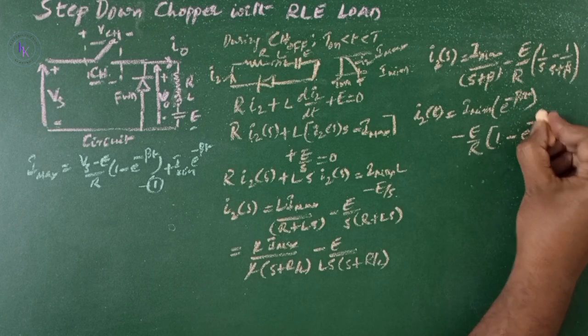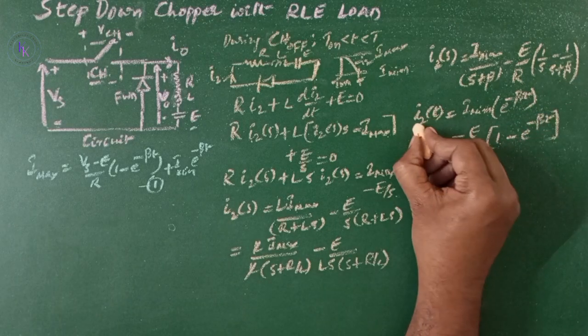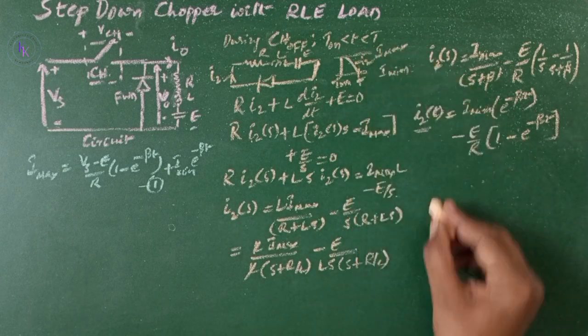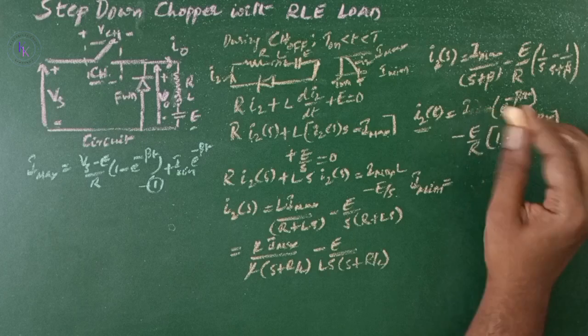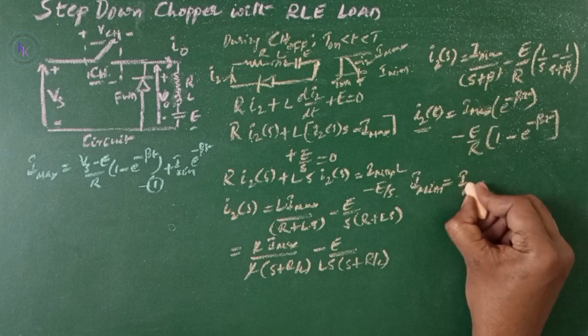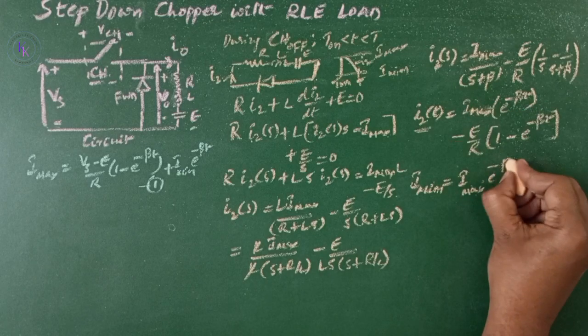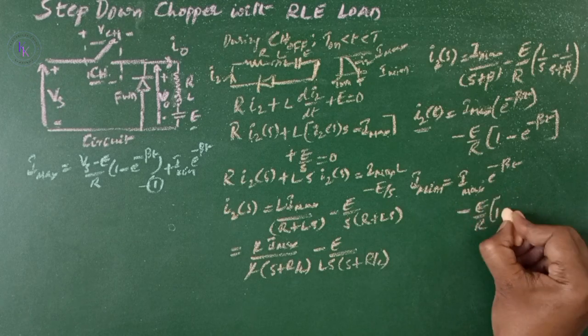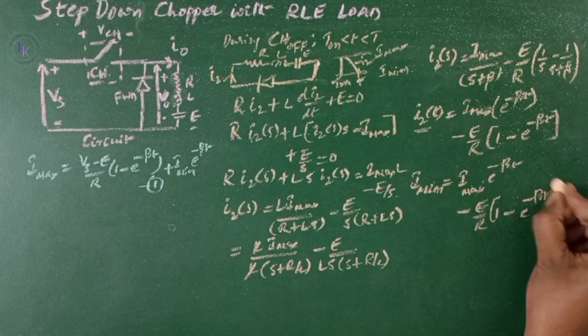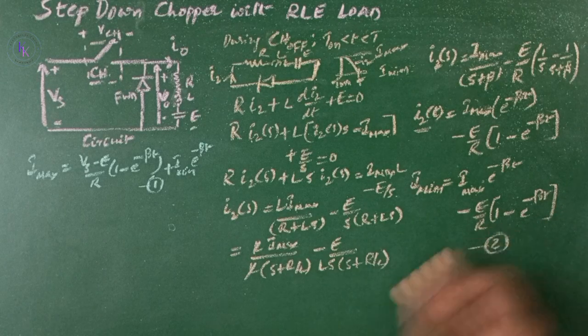The final value of I2 is I minimum. So you can write I minimum equals, sorry, this is I max: I max e^(−beta t) − E/R (1 − e^(−beta t)). That is equation number 2.